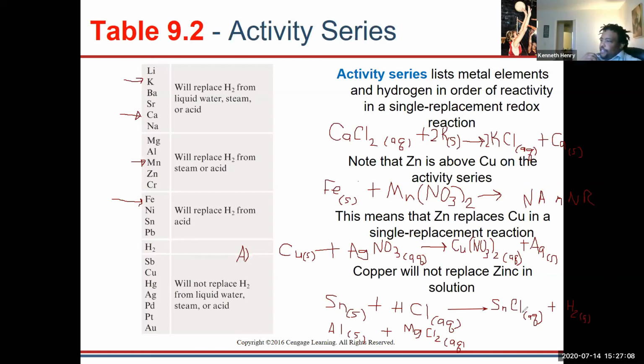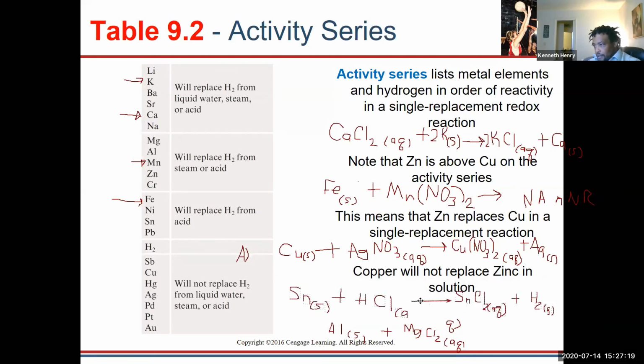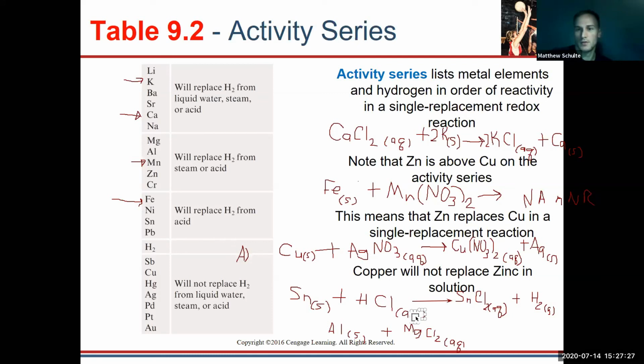Yeah, I think tin is Sn 2, but I'm not 100% sure. I have to look that up. So is it balanced? No. Put a 2 in front of HCl. Okay. Okay, what about the last one?